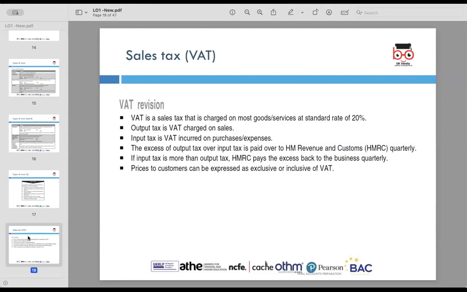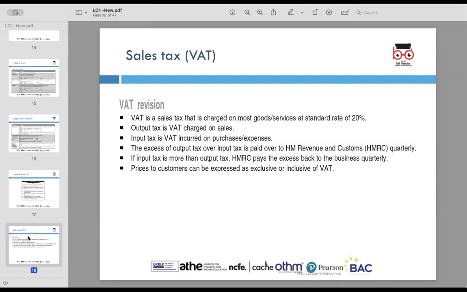Then VAT returns. Businesses calculate their VAT liability by subtracting input tax, VAT paid on purchases, from output tax, VAT collected on sales. If output tax exceeds input tax, the excess must be paid to HMRC quarterly.